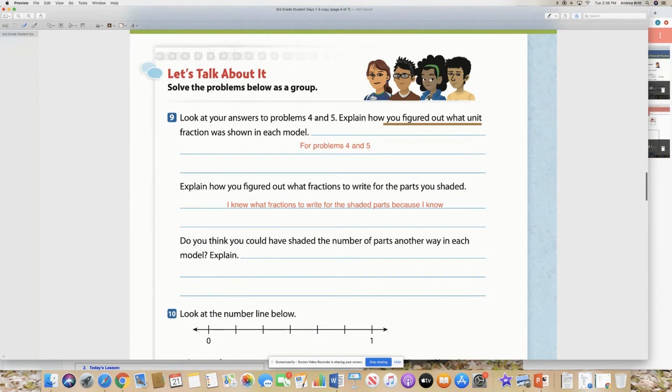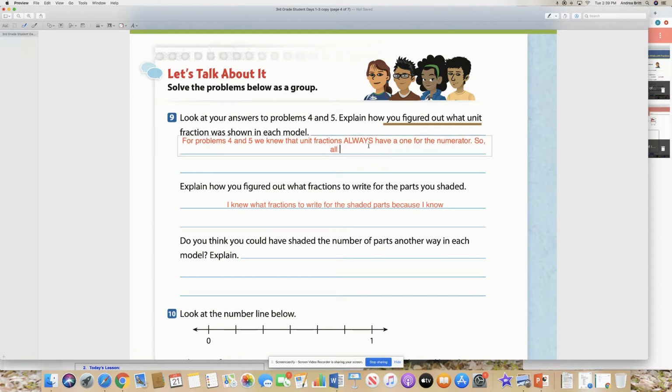So when we look at problems 4 and 5, explain how you figured out what unit fraction was shown in each model. For problems 4 and 5, we knew that unit fractions always have a 1 for the numerator.